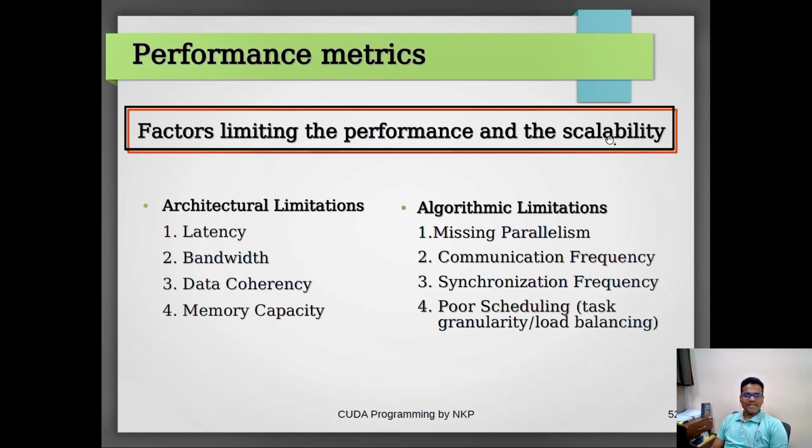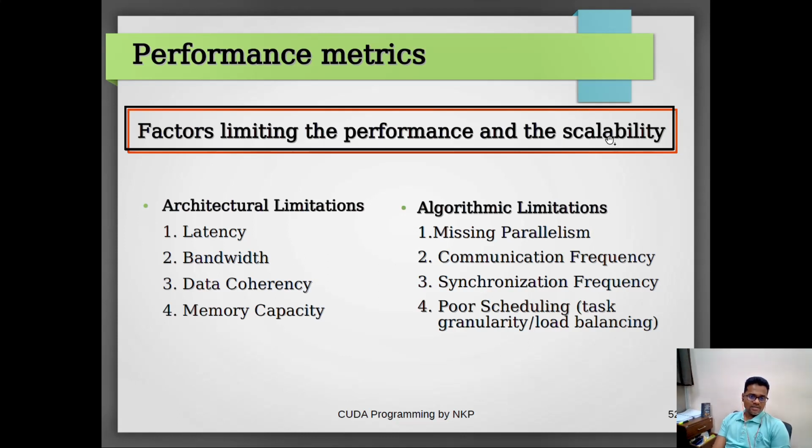If that latency is more, then the performance of your application is limited by the time it takes to fetch data from main memory to the processor. It has nothing to do with the number of cores available, because the performance depends on how fast you can fetch the data.